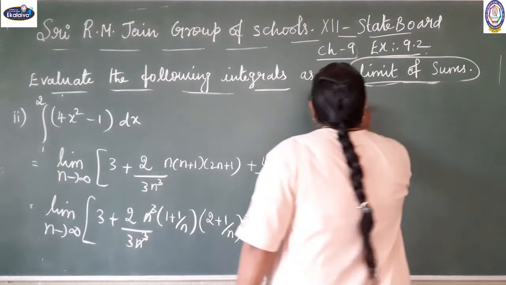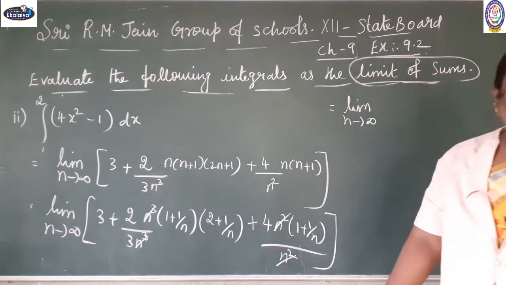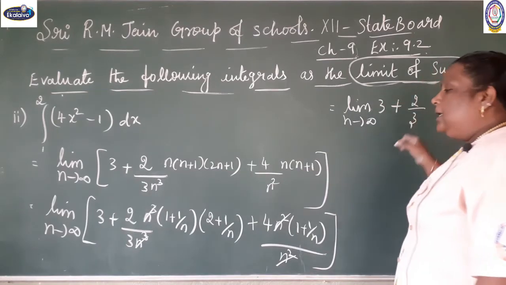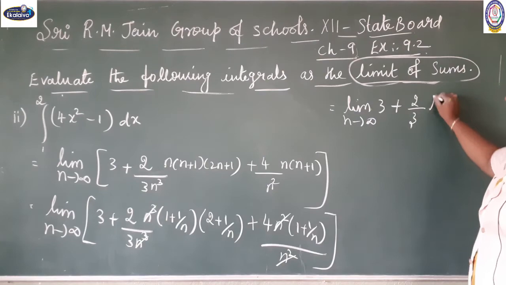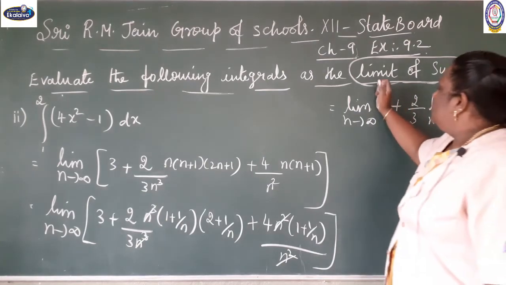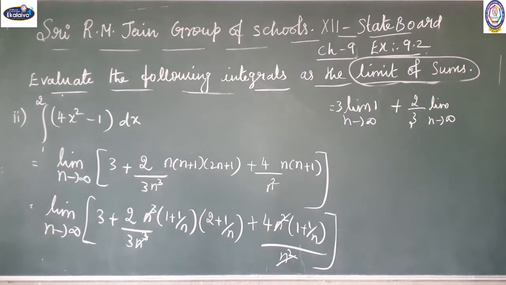See here, limit n tends to infinity 3 plus 2 by 3 into limit n tends to infinity. 2 by 3 is a constant, you can take it out.